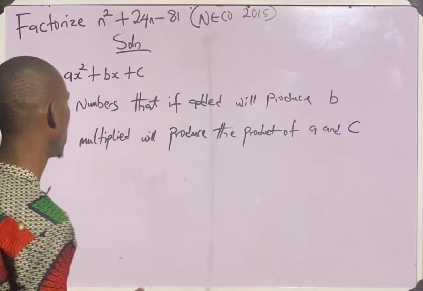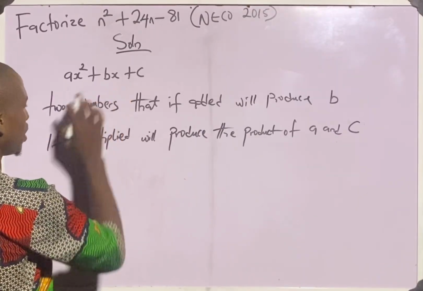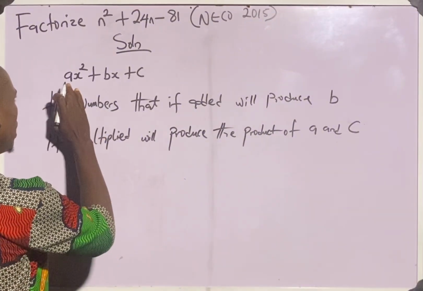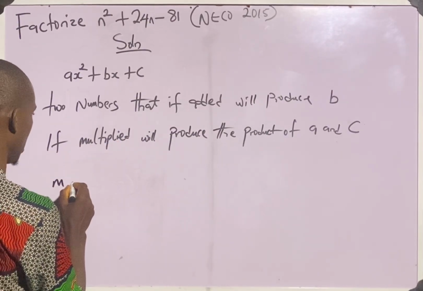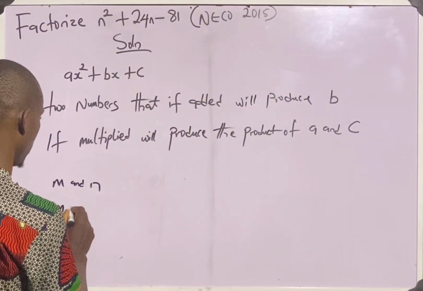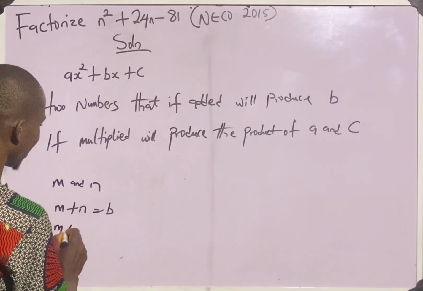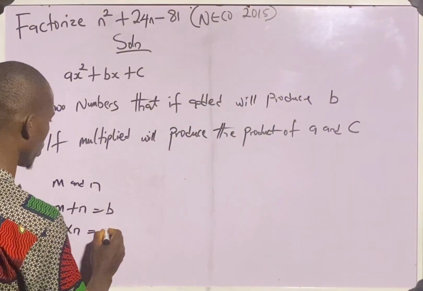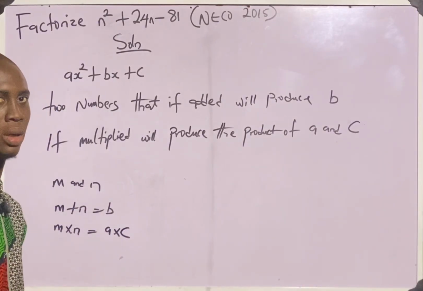So we are looking for two numbers that if we add them up, we get b, but if we multiply them, it will give us the product of a and c. That is, let's assume that the two numbers are m and n. It is so that m plus n will be equal to b, then m times n will be equal to a times c. I believe you understand what I mean.